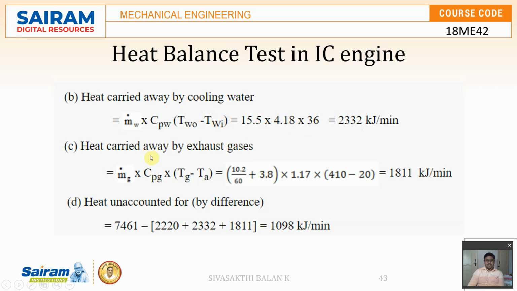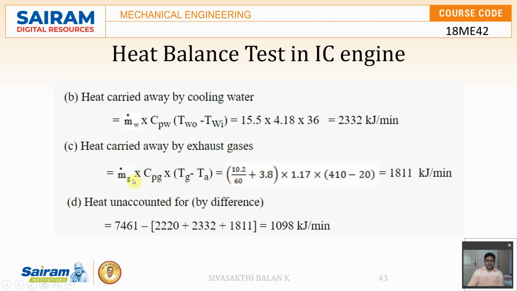Next, we need to calculate the heat carried away by the exhaust gas. We can derive that formula from the basic m c_p delta T equation for the exhaust gas. The final expression is the mass flow rate of exhaust gas multiplied by the specific heat of exhaust gas and the temperature difference.